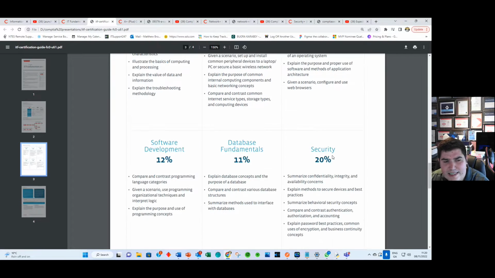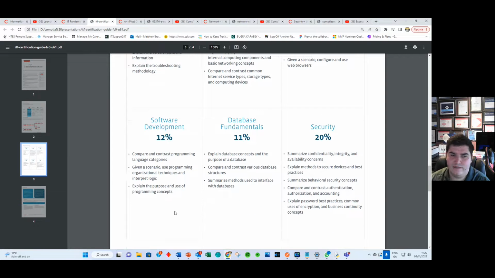So the next section of it is your software development. So what that means is for your 12% in software development, you're going to be looking at programming languages, your Python, your C++, your Java. You're going to be looking at those in a very basic form.